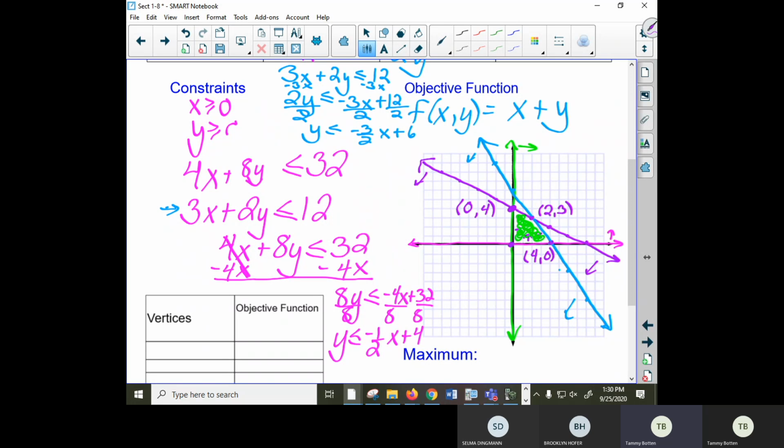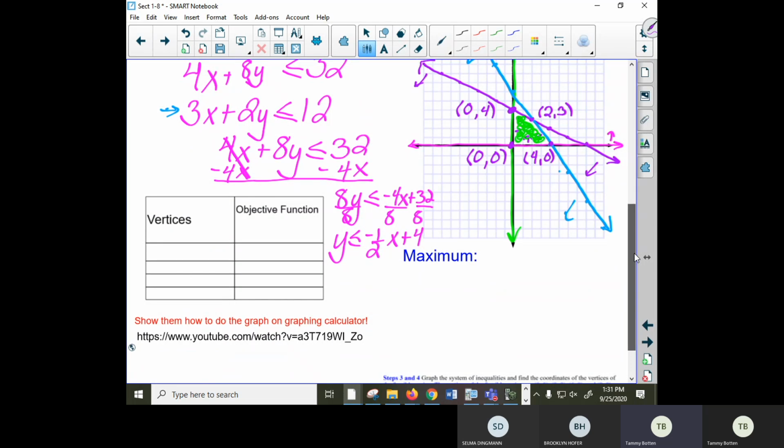And then this vertex right here is 0, 0. Are those the ones you guys got? Okay. So I'm going to go down and write those down: 0, 4, 2, 3, 4, 0, and 0, 0, and again in any order. Doesn't matter how you write these down.